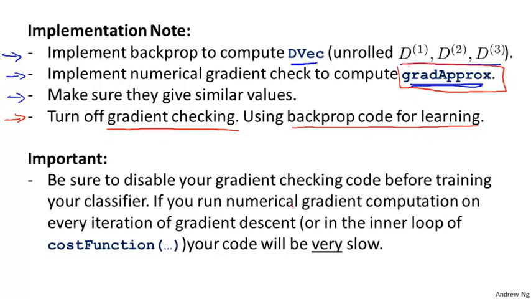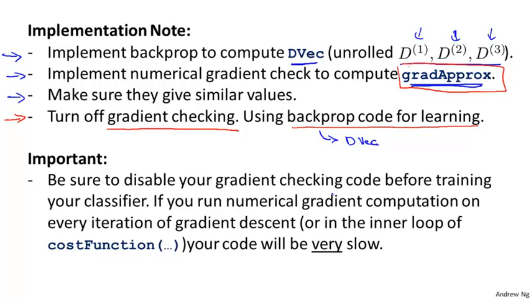The reason for that is the numerical gradient checking code is very computationally expensive, a very slow way to approximate the derivative. In contrast, the backpropagation algorithm that we talked about earlier, for computing D1, D2, D3, or for dvec, is a much more computationally efficient way of computing the derivatives.